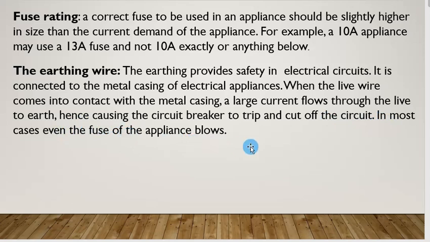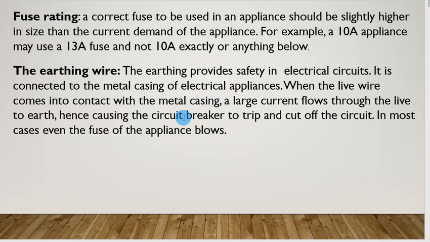For example, in the ring main circuit, you would find that once this happens, even the fuse itself will blow, because the current that will pass through it is larger than usual. By doing this, the appliance is also being protected from damage. At the same time, you are also being protected from being electrically shocked or even electrocuted.